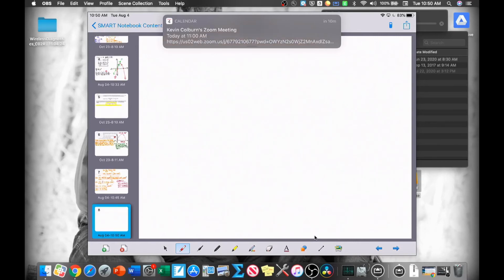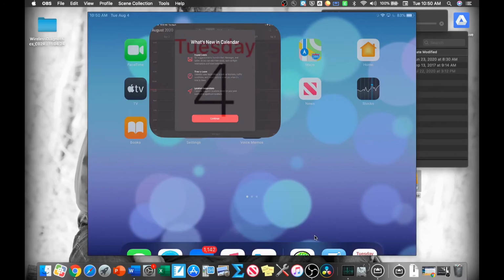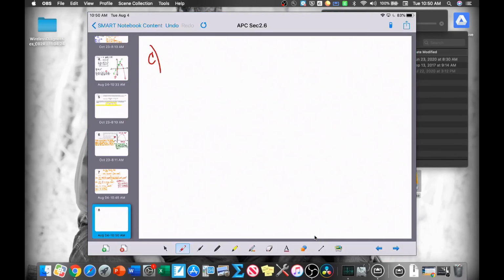Part C is asking me to figure out when the rock will hit the surface. Okay, the rock will hit the surface when the height equals 0.